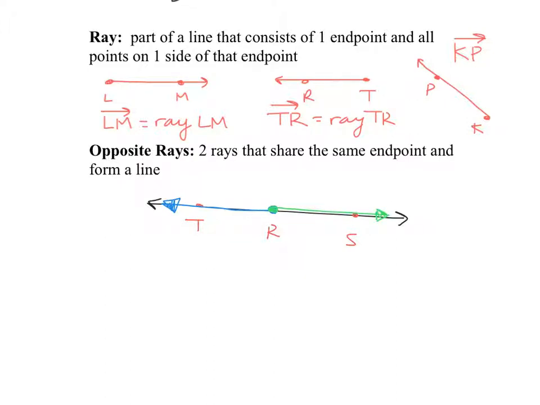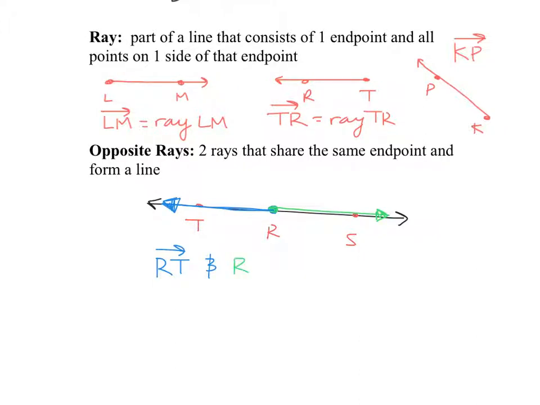So the way I'm going to name them would be what? Give me one name. Give me the red. Nope, blue. It was blue. How would you name the blue ray? RT. Okay, so you do RT with a ray pointing to the right. And how would you name the green one? RS.